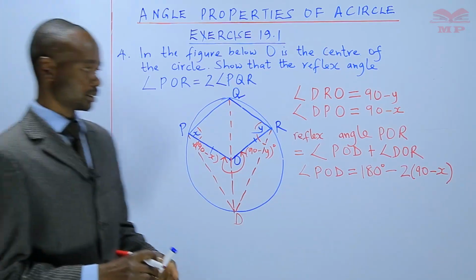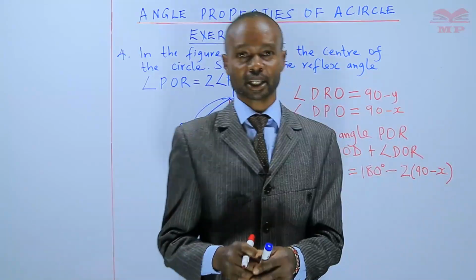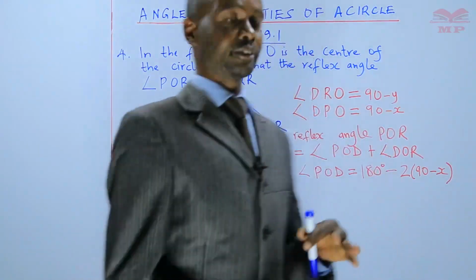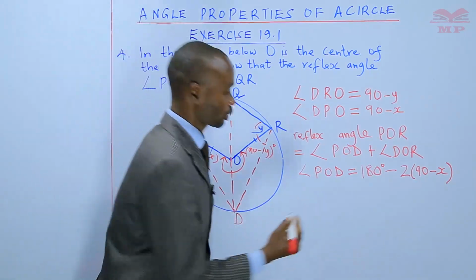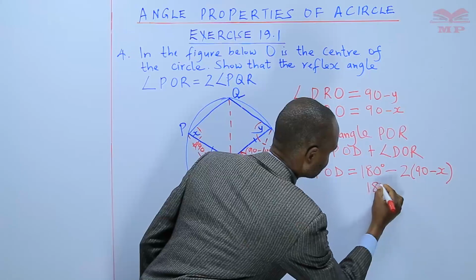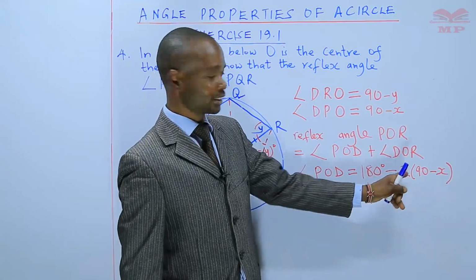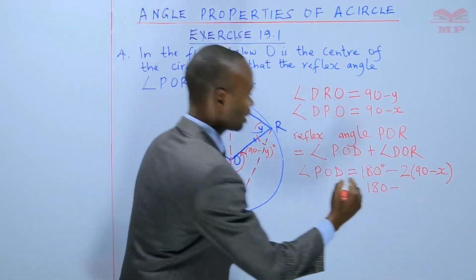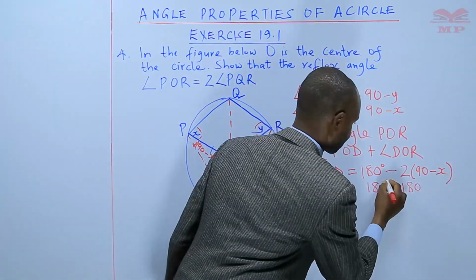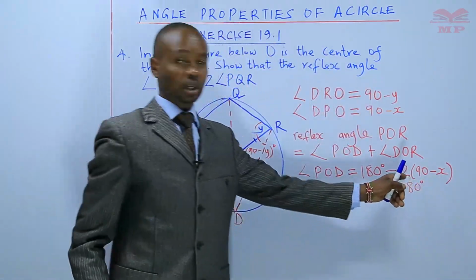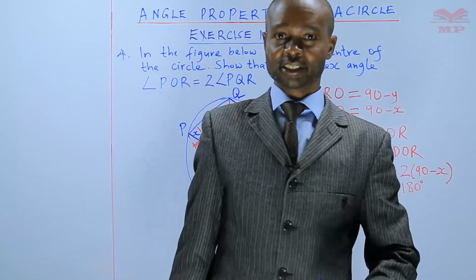So I'll go straight, because they are also testing if you know how to open your brackets. If you open them wrongly, you'll get a wrong answer. So here we have 180, here we have minus 2 times 90, we get minus 180 degrees. Minus 2 outside the bracket multiplied by minus x, you'll get a positive.